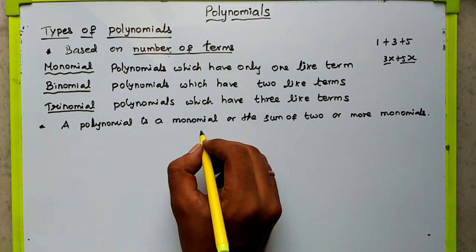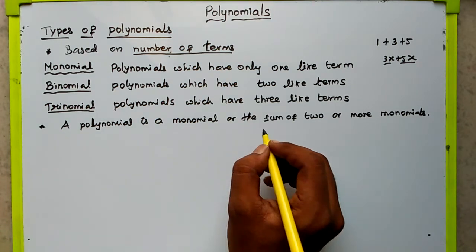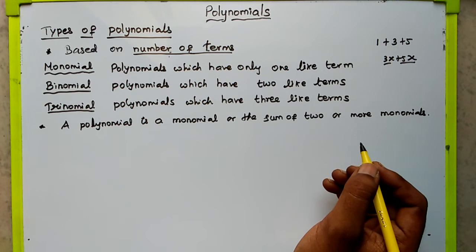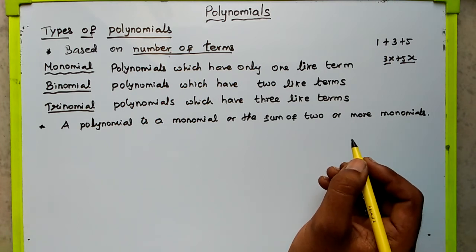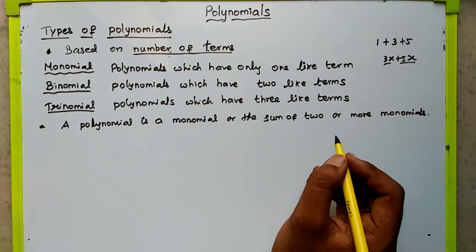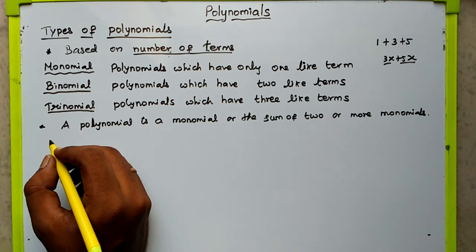So polynomial only one, monomial also polynomial. If it is binomial, trinomial, or other things also, if it is 3 terms or 4 terms also, that is called a polynomial.